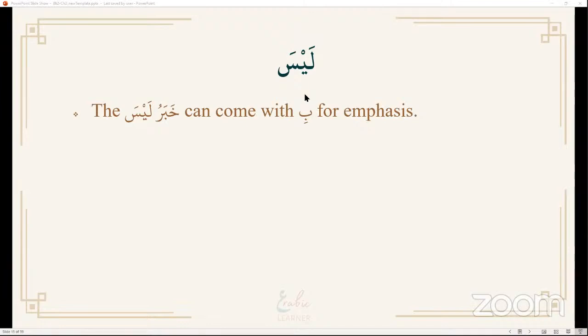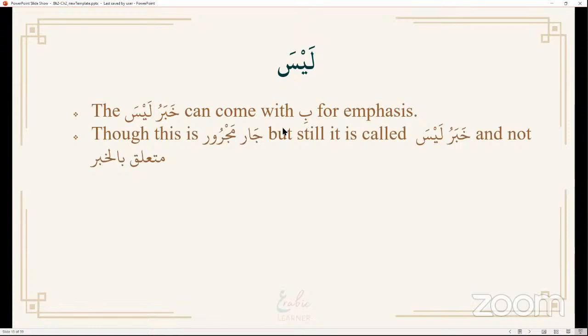Now I told you that khabaru Laysa or khabaru Kaana is always mansoob, in the halat of nasab. But when it is jar majroor, normally we call such a khabar mutalik bil khabar, right? But we are giving some special privilege to Laysa. When the khabar of Laysa comes with bi, especially bi and not any other, it will not be called mutalik bil khabar in our analysis.